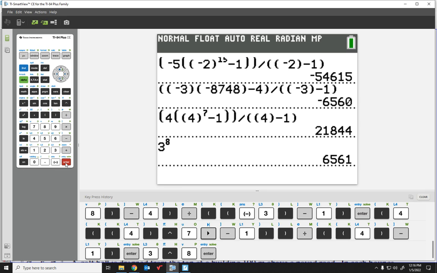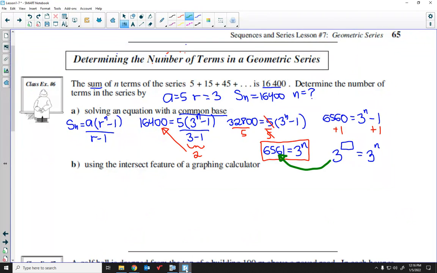I don't know how I got that in one shot, but 3 to the power of 8 is 6561. Otherwise, I would just keep trying different exponents until you see what it is. So 3 to the power of 8 is equal to 3 to the power of n. If the bases are the same, you can set the 2 exponents equal to each other. Therefore, n would be equal to 8.